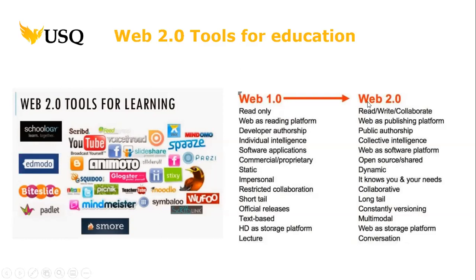So the benefit about Web 2 is basically we can read, write, collaborate. That's the benefit of it. And then Web as a publishing platform. Earlier, it was just a reading platform. You can read it and that's it. But this one, you can publish as well. And then public authorship, that's where we call it as an open education resource.